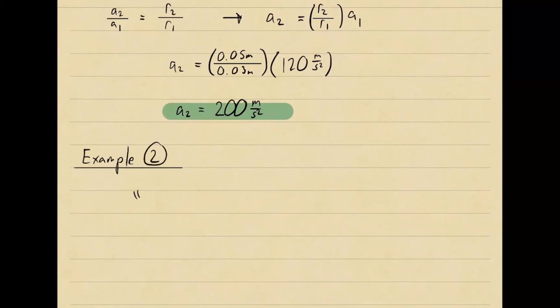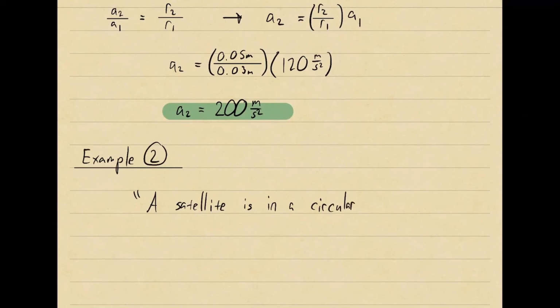So the problem says that a satellite is in a circular orbit around an unknown planet.